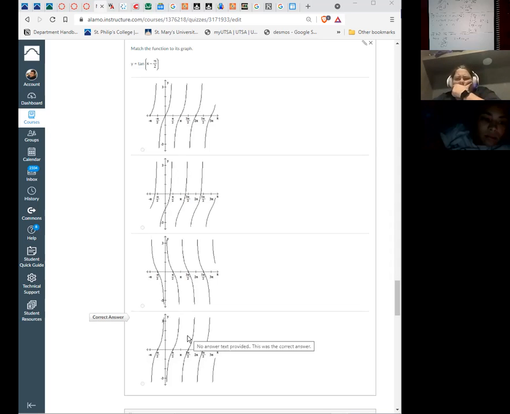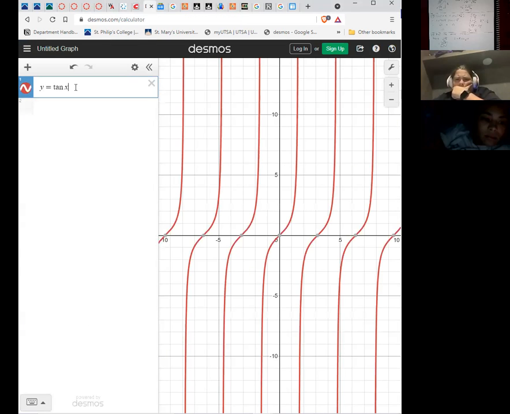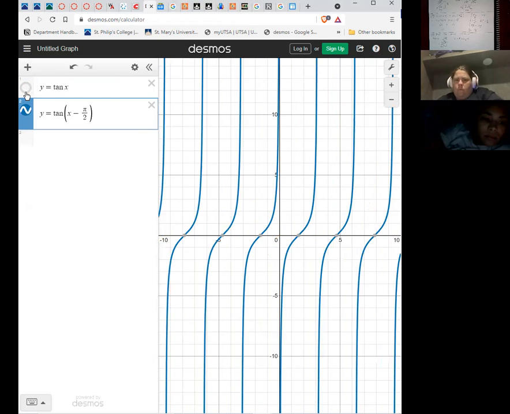So the way to do this is to remember, what does tangent look like? So let's go ahead and go to Desmos. See, tan looks like this. It's the only thing I asked you to remember in 6.4 and 6.5. What do the basic functions look like? So if I shift it, back from college algebra, we said that this was a horizontal shift, right? You see how the blue one is shifted to the right?